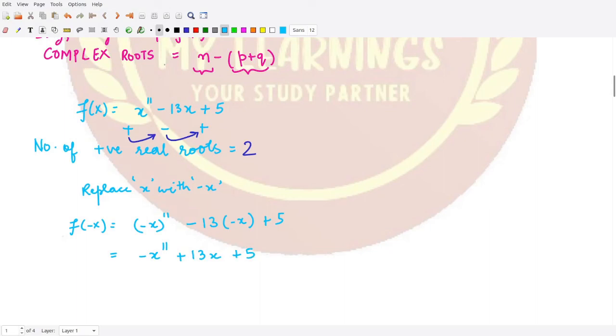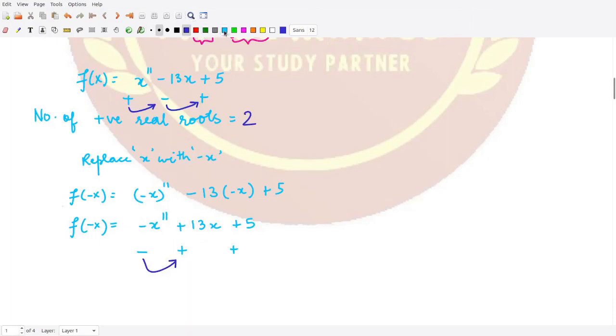Now we have to check the signs of this polynomial f of minus x. Here you see a negative sign, here a positive sign, and here a positive sign. So we only have one change in sign in moving from the first term to the second term. Therefore, the number of negative real roots would be equal to 1 in this case, right?